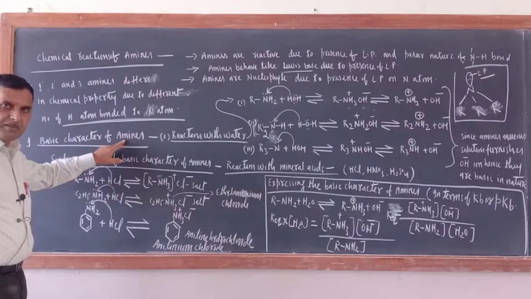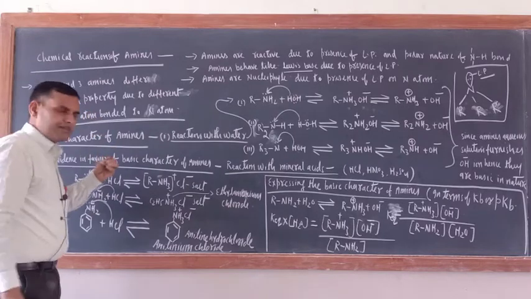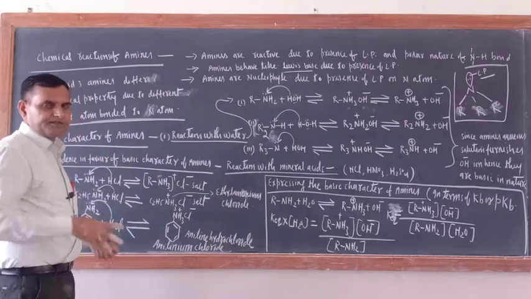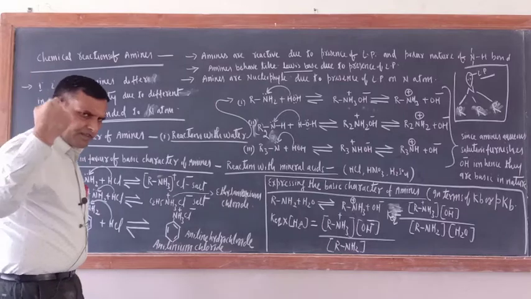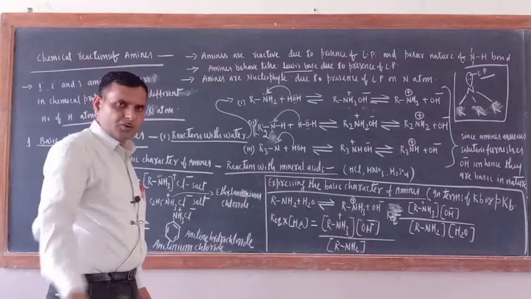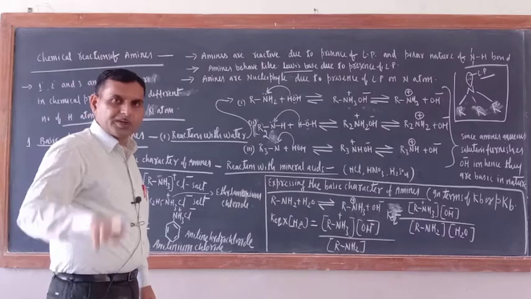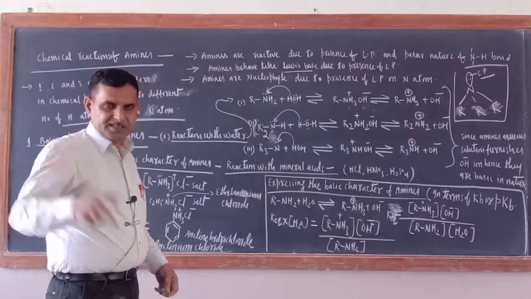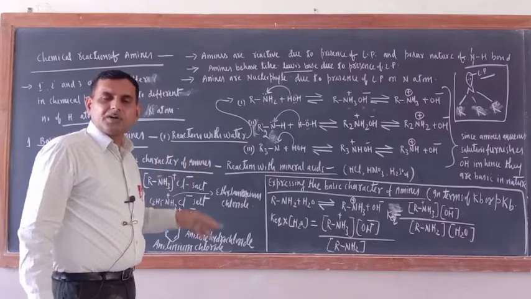As far as the basic character of amines is concerned, we can explain it in two ways. If in aqueous solution they furnish OH negative, then they are considered to be a basic substance or basic compound.